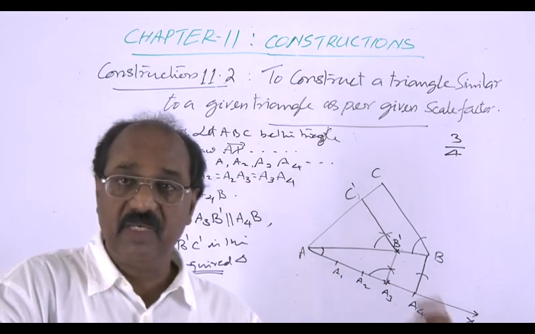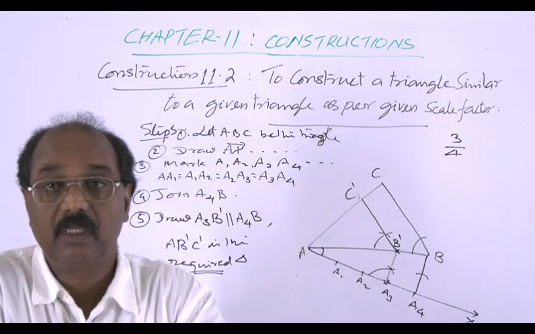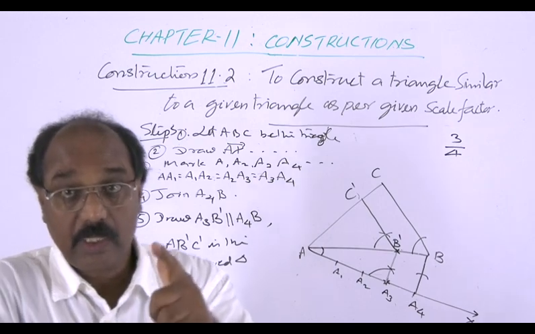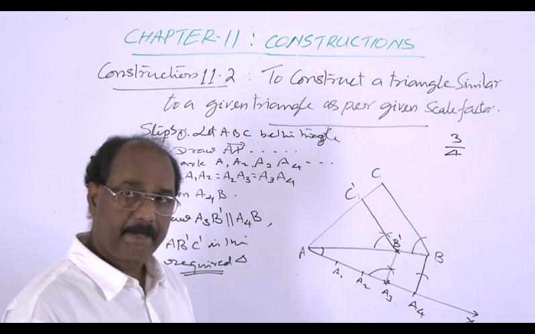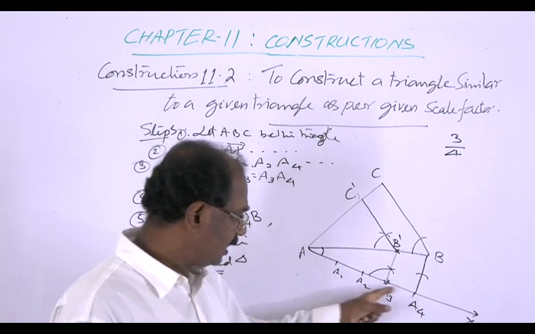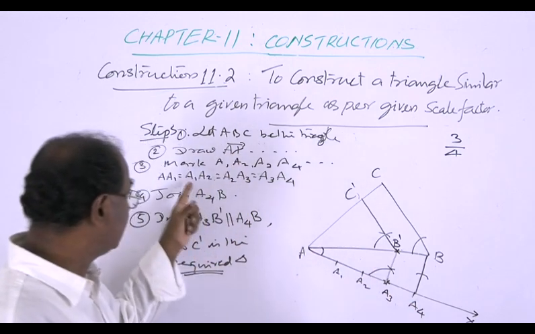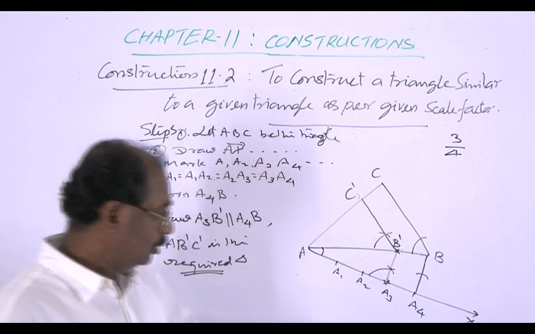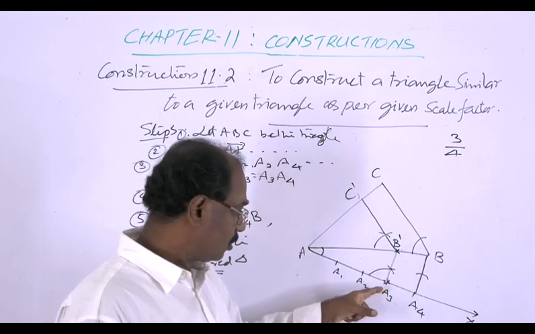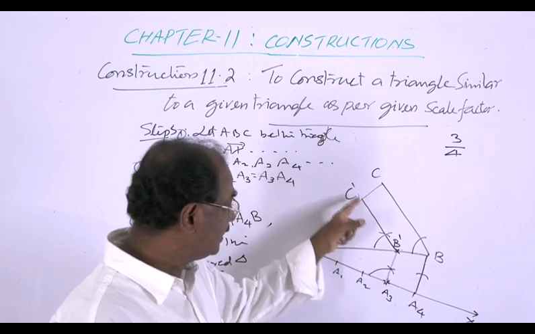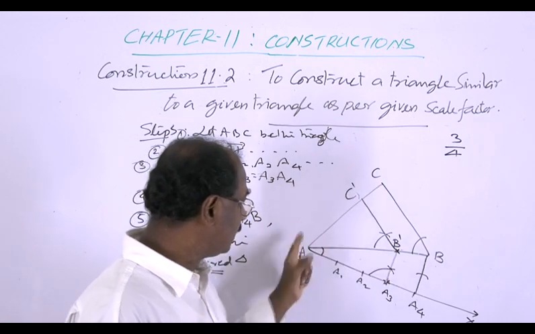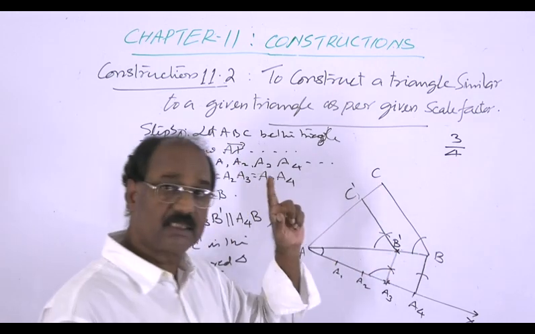But we have to verify this. So the drawings, remember: AX, mark A1, A2, A3, A4, 4 points satisfying this condition. Join A4B, draw this A3B dash parallel to A4B, then B dash C dash parallel to this BC, then AB dash C dash is the required triangle.